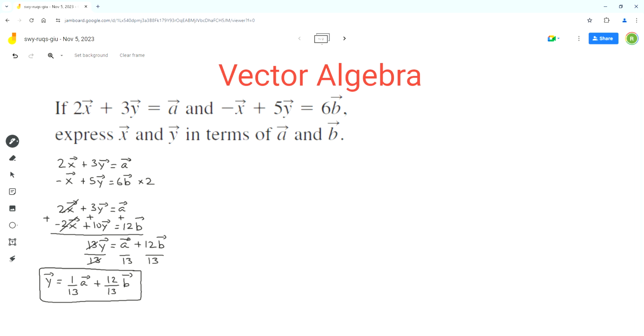Now we have to use this expression for vector y to find the expression for vector x, and for that we will sub in y as 1 over 13 vector a plus 12 over 13 vector b in the first given equation. So we'll replace vector y with.